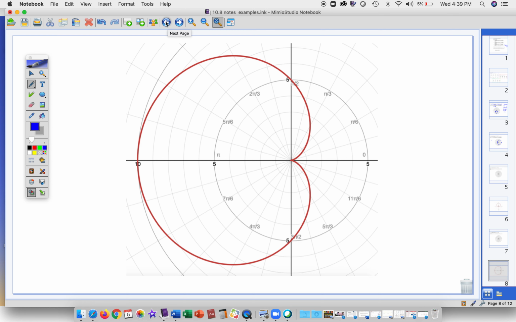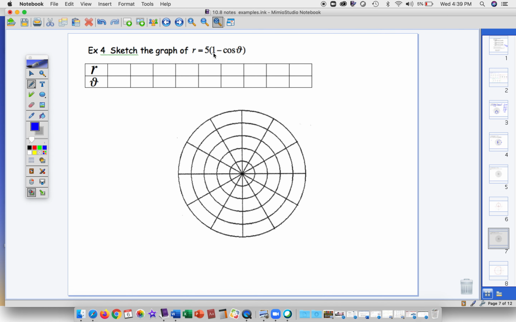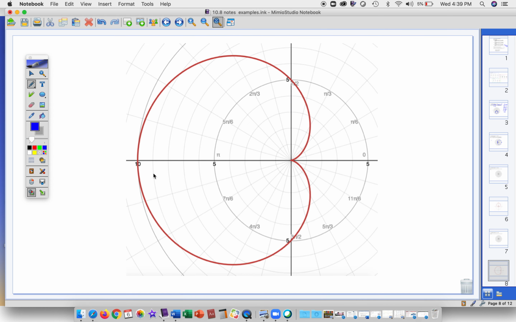And for the maximum r value, that would occur in this case when cosine theta is -1, because that gives us 2 times the 5, which is 10. So the cosine of theta is -1 out at pi, and there's that max r value of 10.